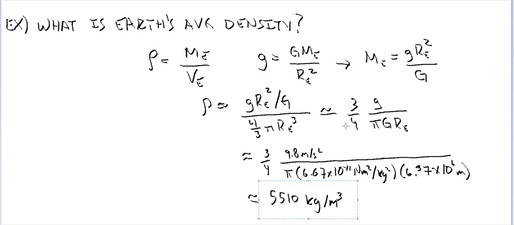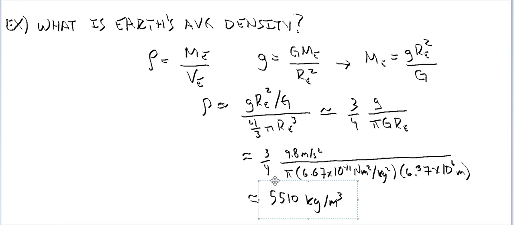What does that imply? Well, if the average density is more than the density here near the surface, like near the crust, well, in order for the average to be greater than the value at the crust, the stuff inside must have a greater density.